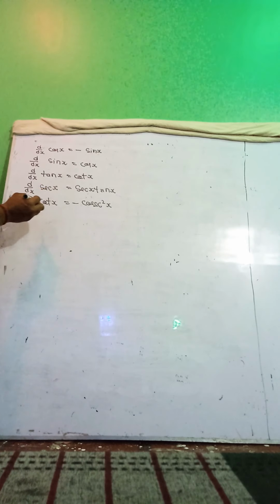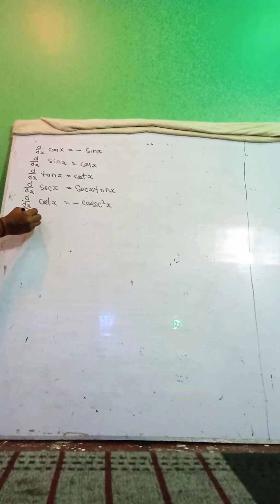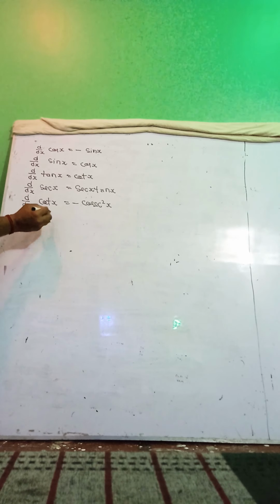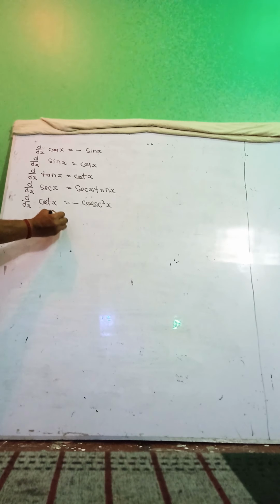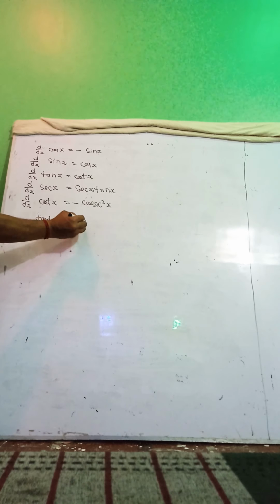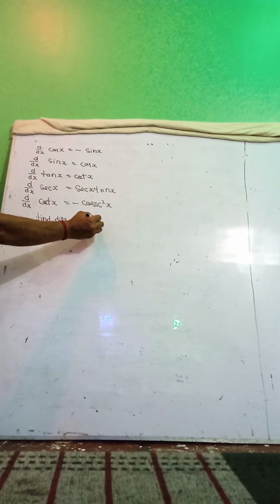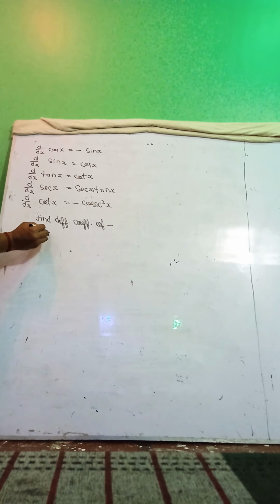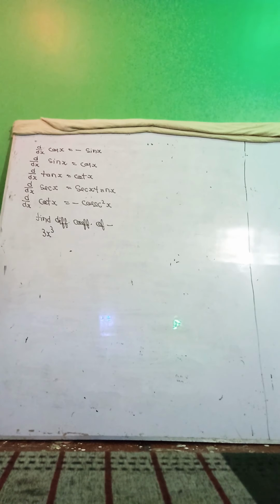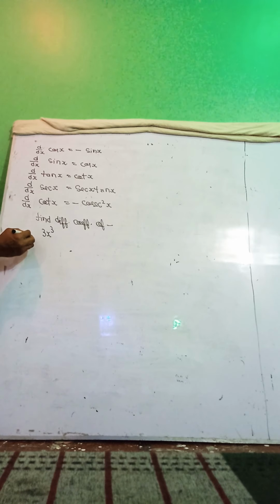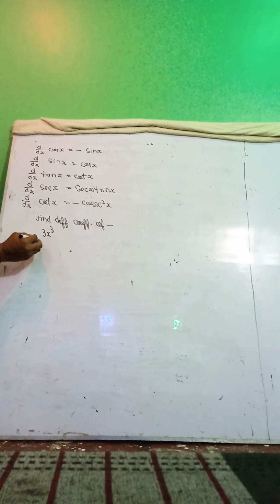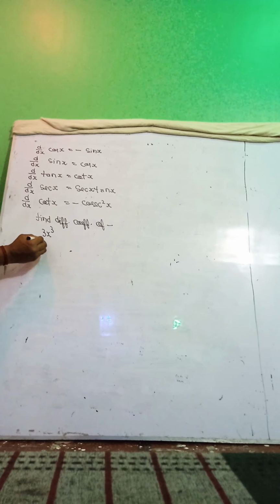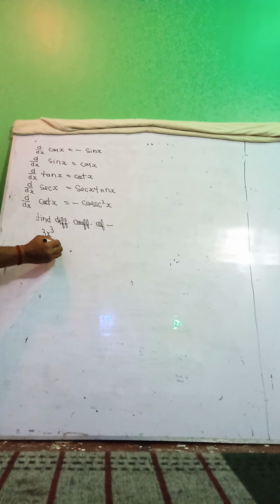Find differential coefficient of 3x cube. Here given function with variable x, f(x), function f(x) is equal to 3x cube.